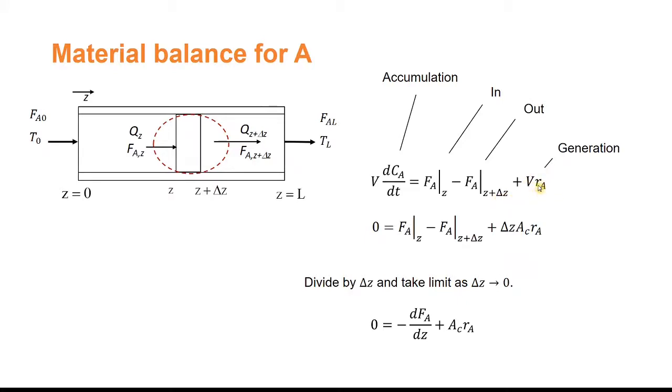The reaction rate is given in terms of the moles of A generated per m cube per second. So we need to multiply RA by the volume of the control volume. V is the volume of our control volume here.